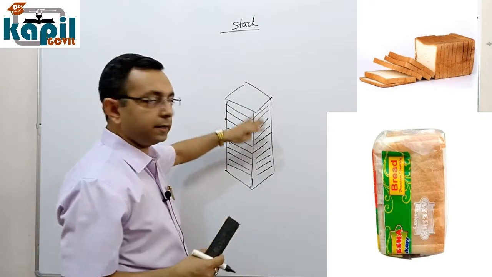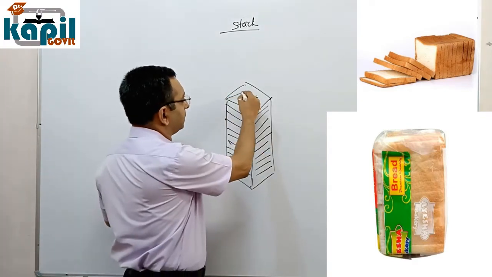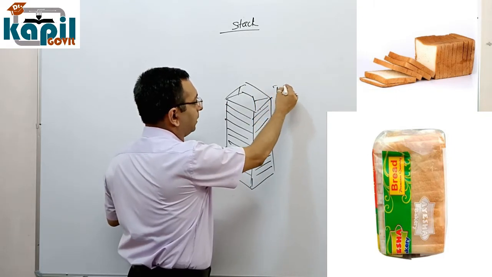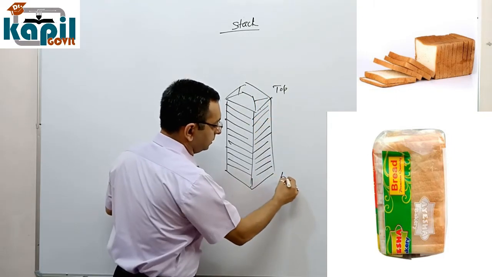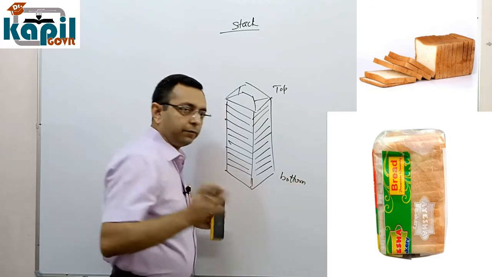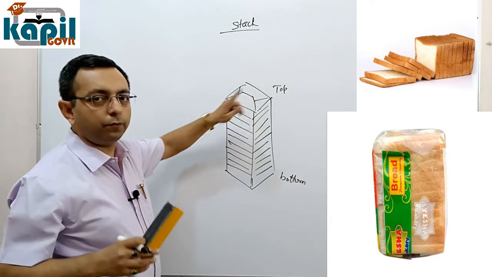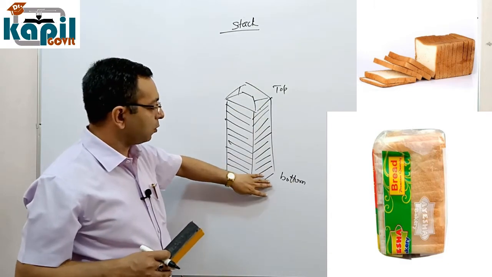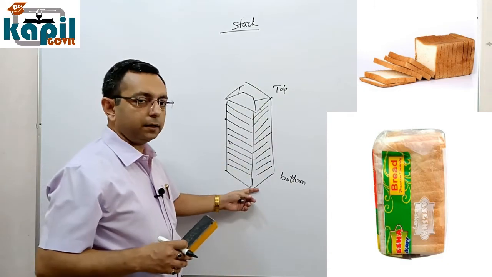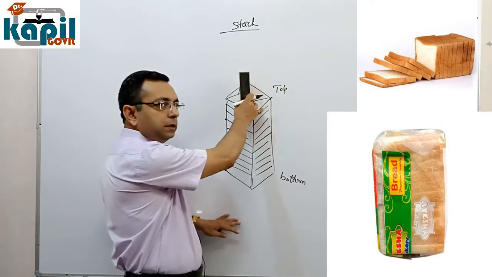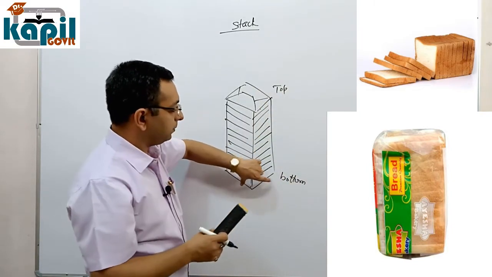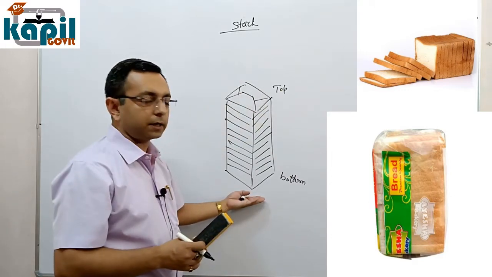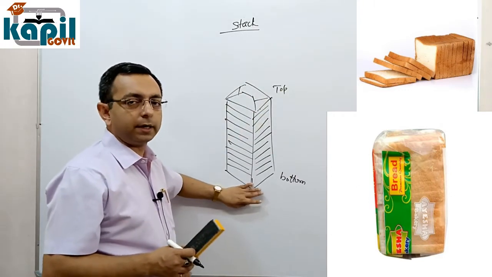This packet can be opened from the top end or the bottom end. You are free to select either side. If you open this bread packet from this end, then it will be reversed. Then this end will be called the top, and the other will be called the bottom.